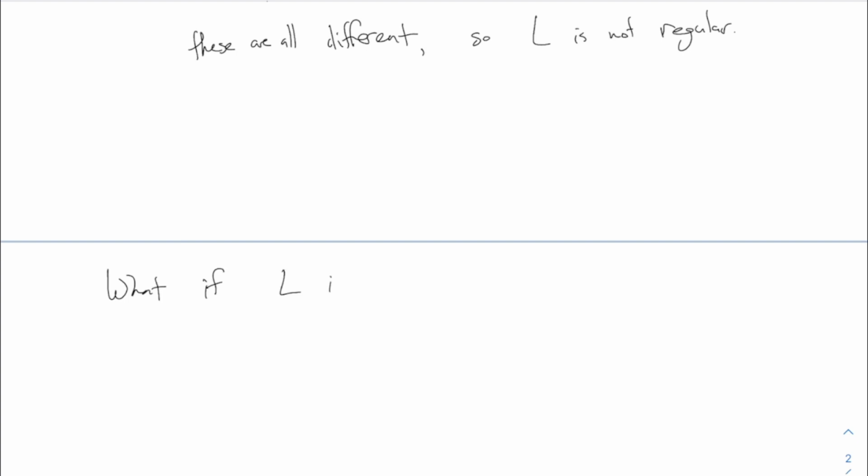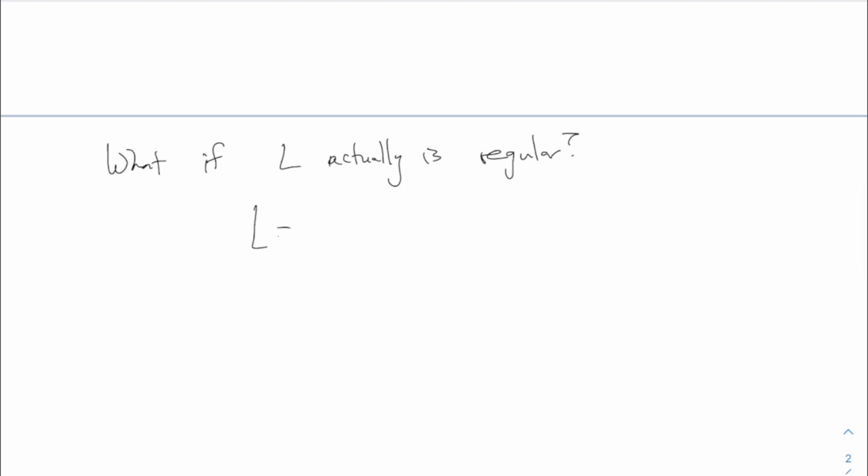What if L actually is regular? For example, how about a to the n, b to the m? This one actually is a regular language. Can anyone give me a regular expression for that?